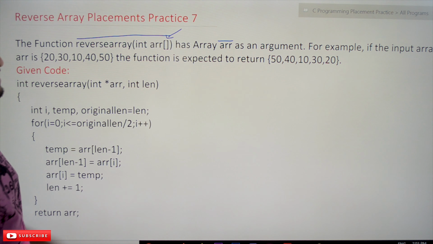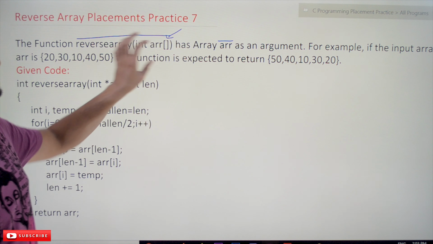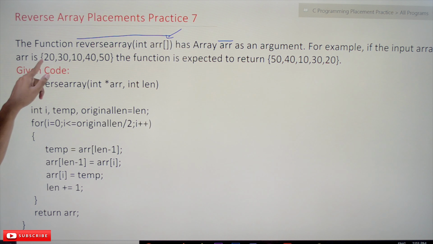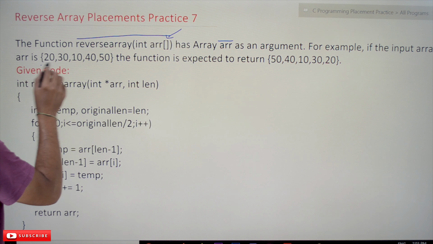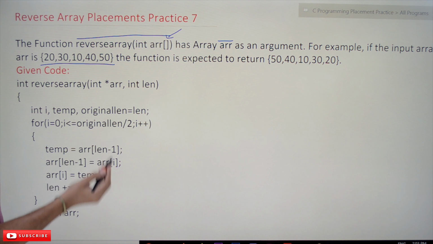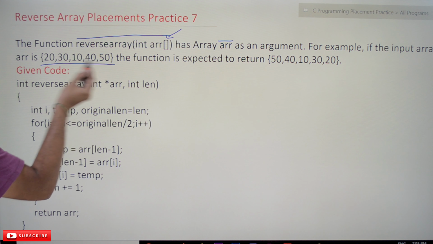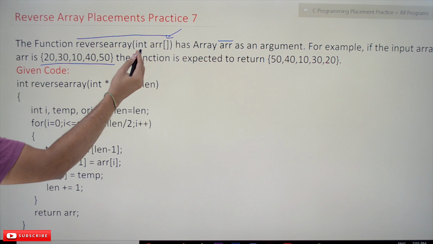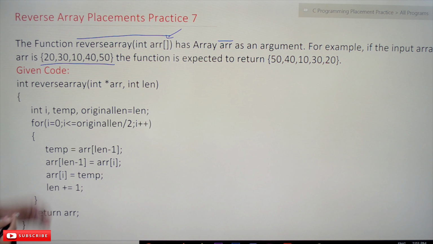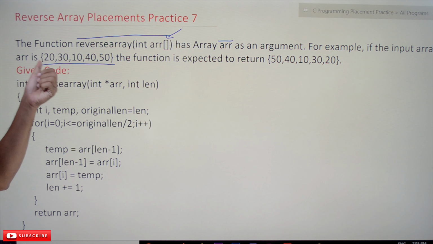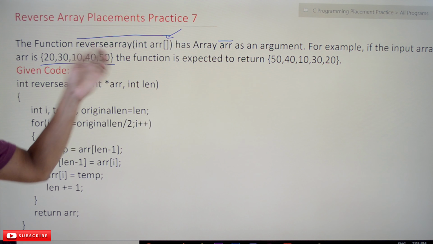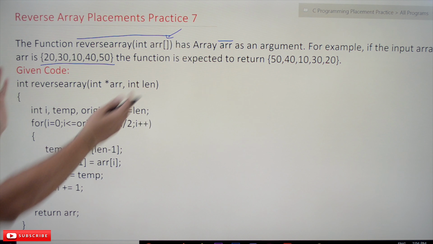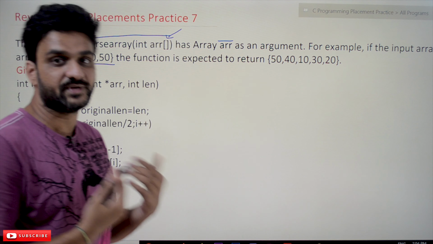For example, if this is the input array, what is the expected output? The elements of the array have to be arranged from the reverse direction. See, 20, 30, 10, 40, 50. The reverse order is 50, 40, 10, 30, 20.